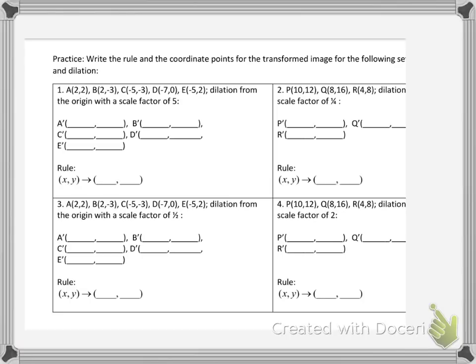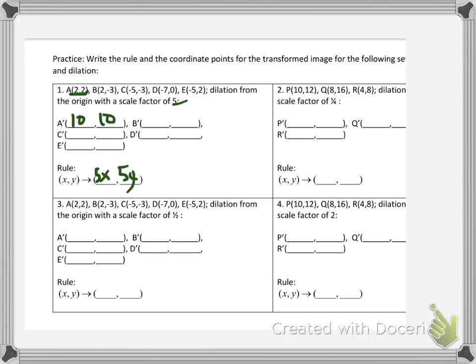All right, so sometimes you don't have the graph, but you know that your rule is just you're multiplying by the scale factor. So if my scale factor is 5, that means x goes to 5x and y goes to 5y. So I just take my different points and I multiply by 5. So if A is 2, 2, it becomes 10, 10.